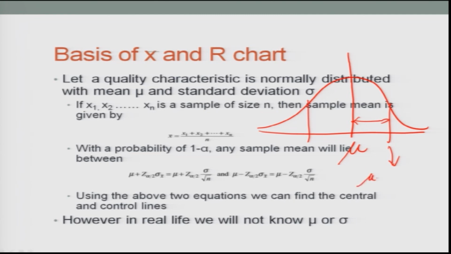So, it will be mu plus sigma x, which is the standard deviation, multiplied by z alpha by 2.